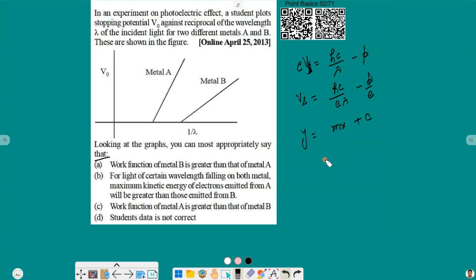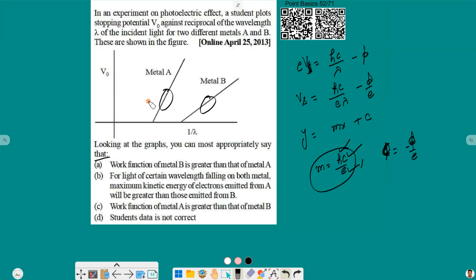Here m, that is the slope, is equal to hc by e, and the intercept on the y-axis is minus phi by e. So in the slope we have h, constant, c, constant, e, constant. So the slope of both lines should be the same, and here we can see that both have different slopes.